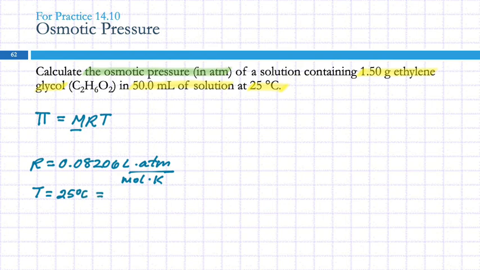We need to convert that to Kelvin. So that's 298 Kelvin. And we need to calculate the molarity, right? So the molarity is the moles of ethylene glycol per liter of solution.